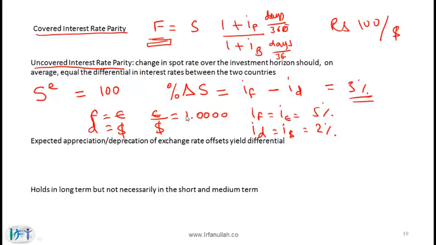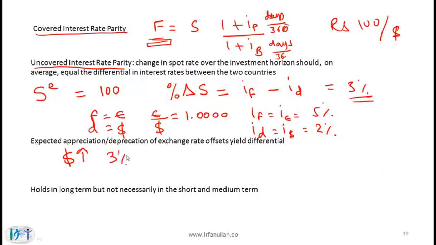Continuing with this simple euro dollar example, given the difference in interest rates and given uncovered interest rate parity, we are expecting the dollar to strengthen by 3%.